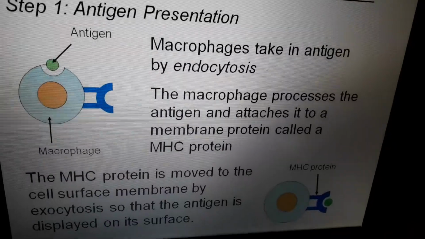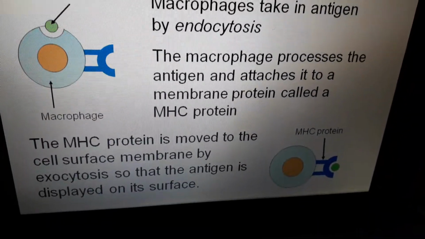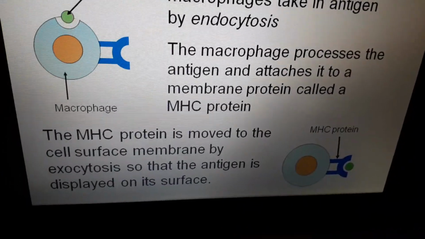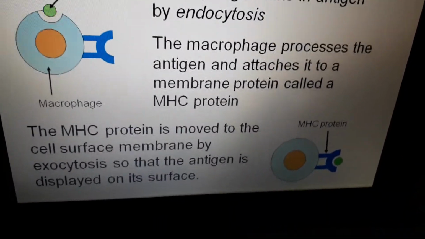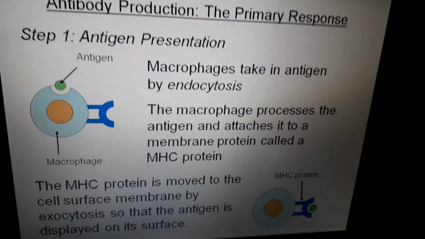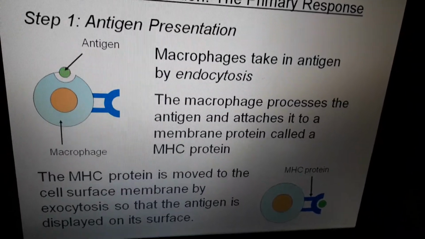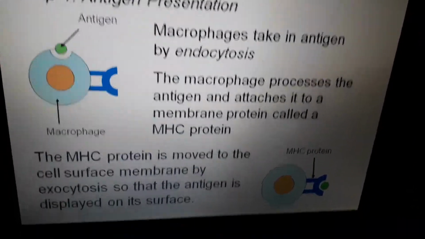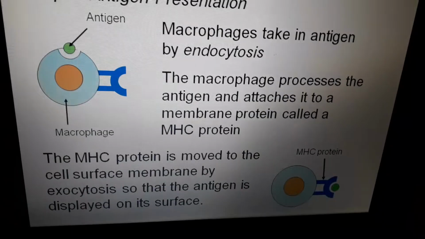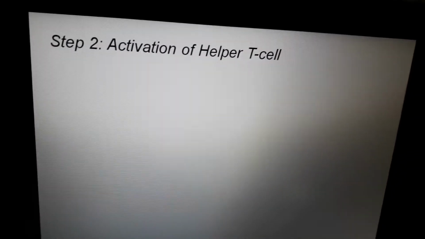This MHC protein will move the antigen to the cell surface and display it there. So this is the first step in antibody production, that is antigen presentation. It is taken by a macrophage, then processed, and then moved to the cell surface by the MHC protein.